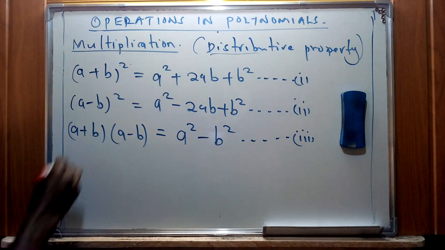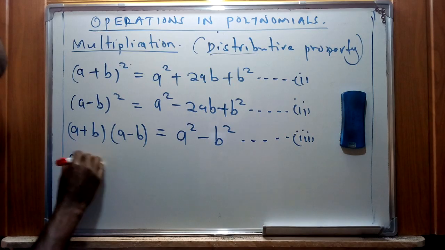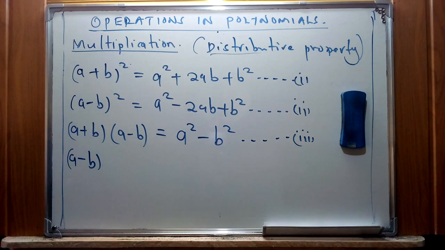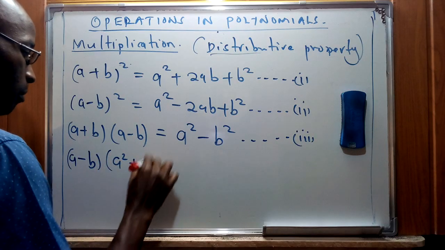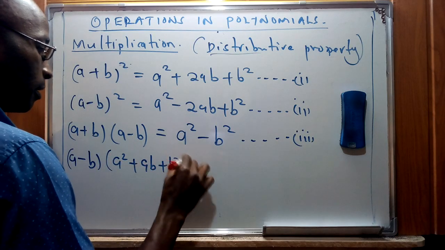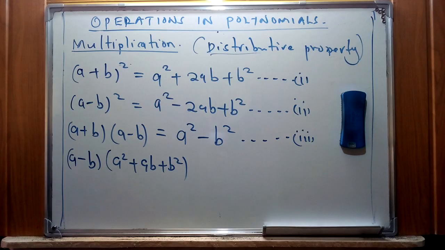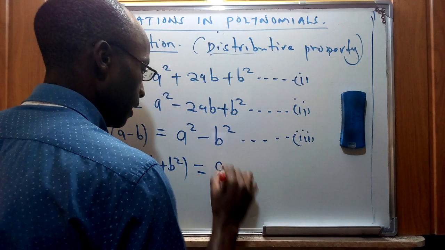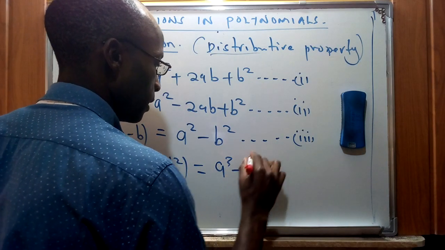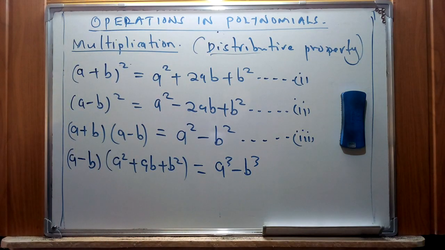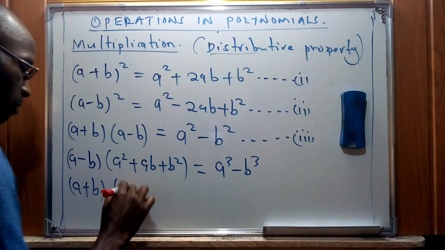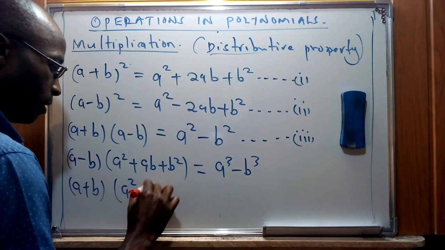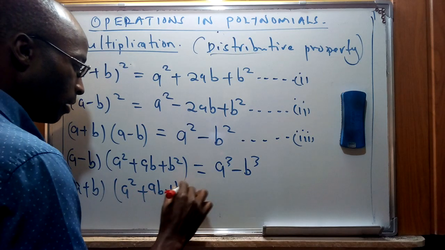And this is going to form the third special case for these polynomials. And then next we can have another one, which is a minus b being multiplied by a squared plus ab plus b squared. This is going to give us a cubed minus b cubed. Now suppose we have an addition here, a plus b, multiplied by a squared minus ab plus b squared.